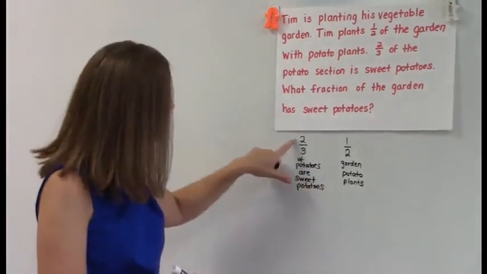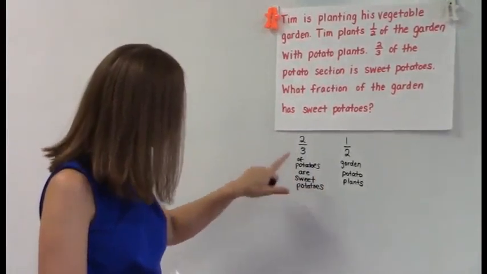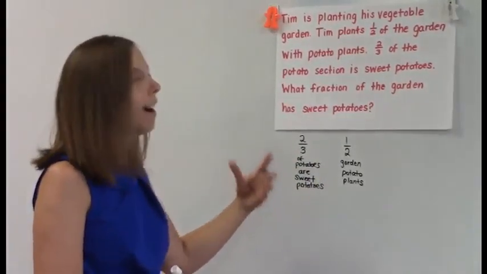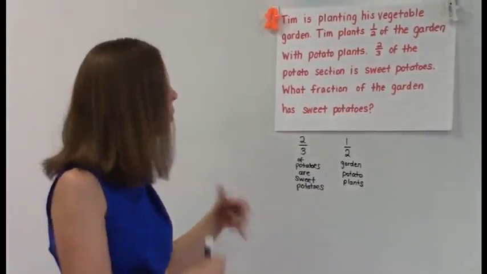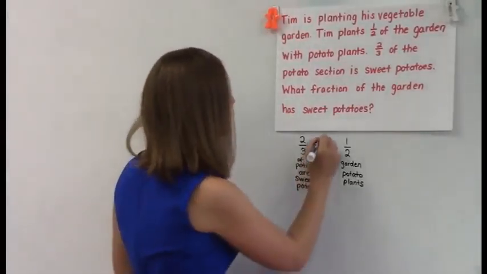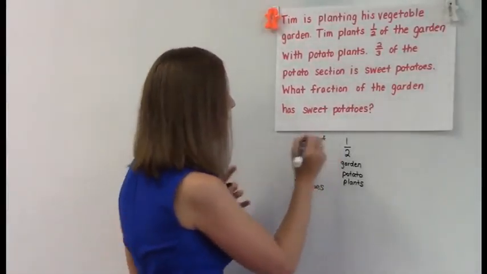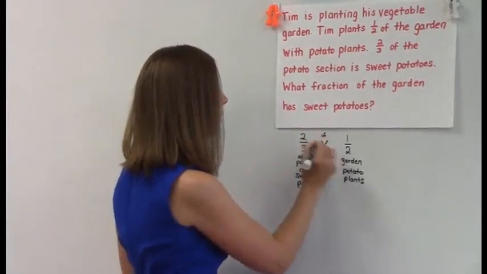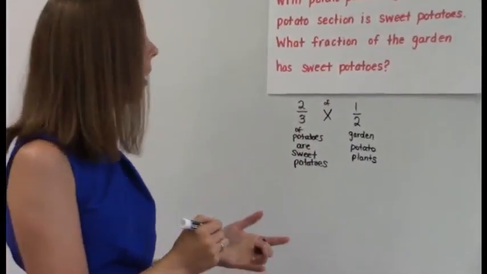And because I know that 2/3 of the potatoes are sweet potatoes, of means the same thing as multiply. So I'm just going to record of here, but I'm also going to place a multiplication sign.